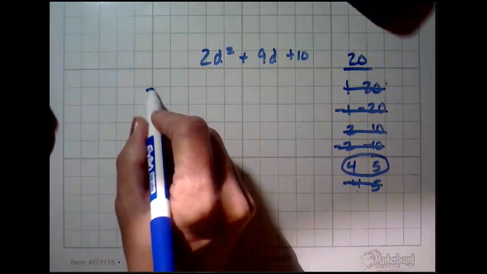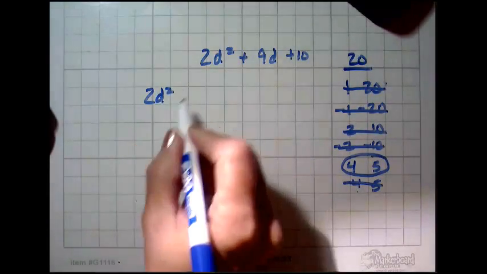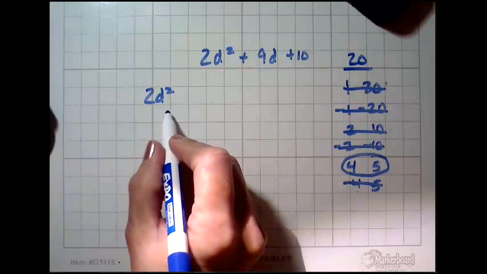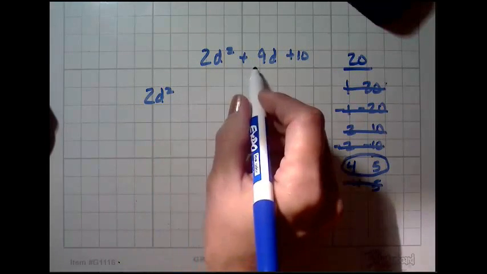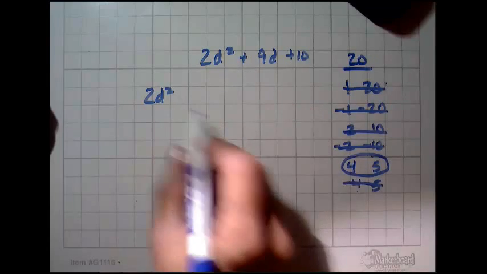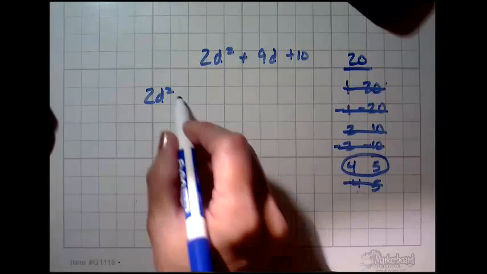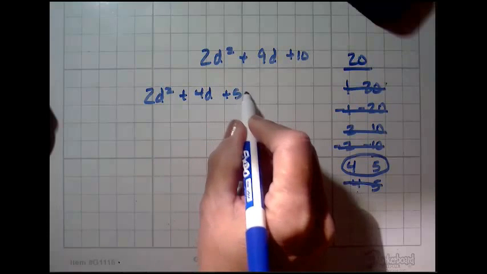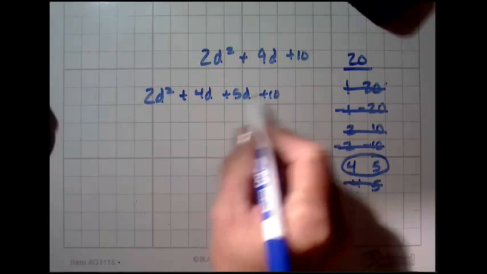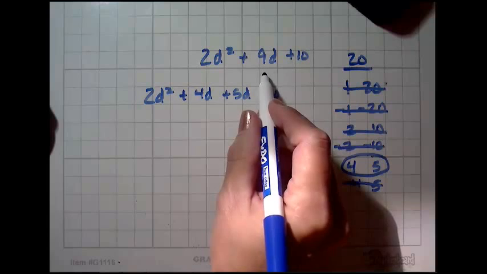This is a little bit different from when you did your quadratics when a equals 1. So remember, we're going to write 2d squared, and instead of writing 9d, we're going to write 4d and 5d. So plus 4d plus 5d. If you worked backwards and wanted to combine like terms, wouldn't you add those together and get 9d? Of course you would.